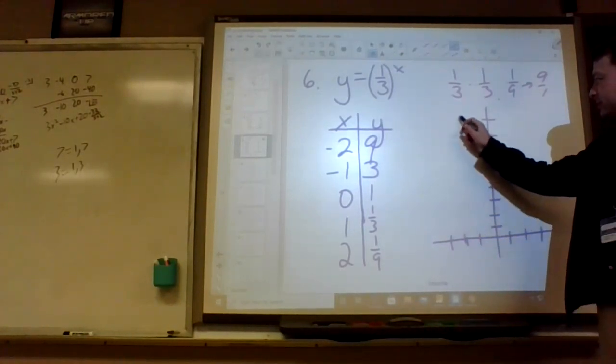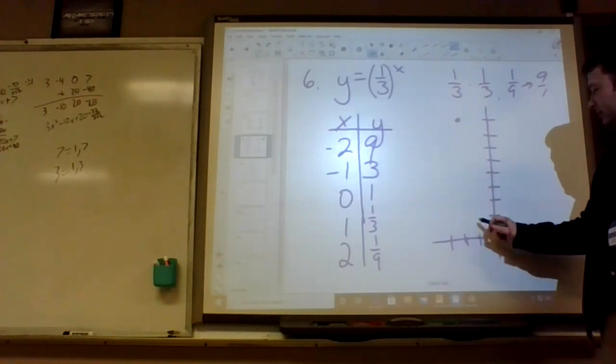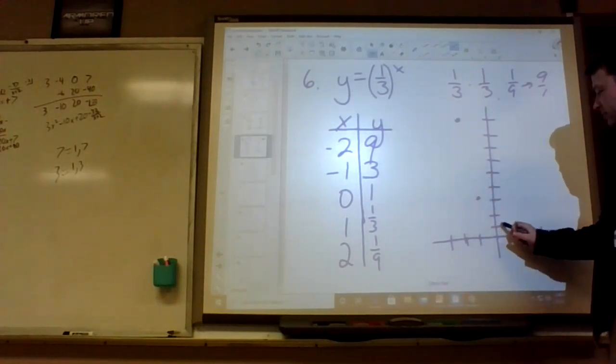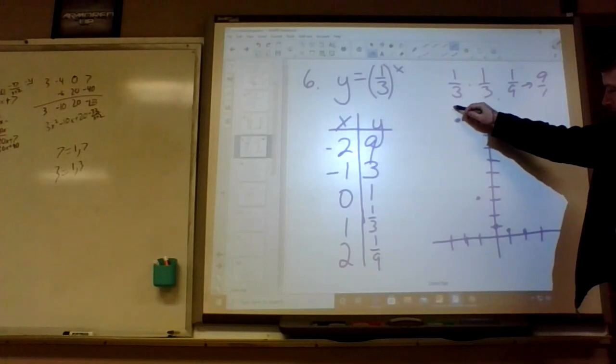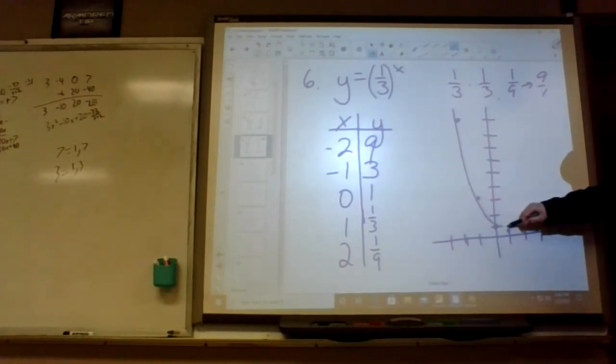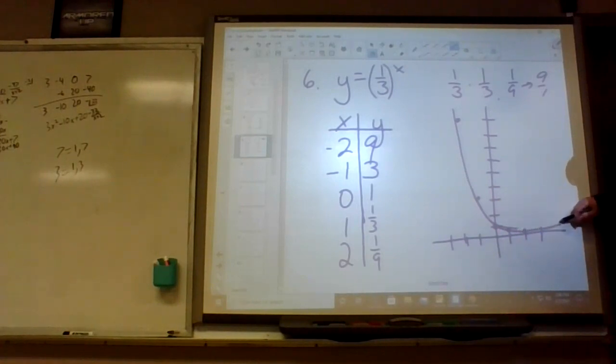So -2, 9 should be way up there. -1, 3. 0, 1. 1, 1/3. 2, 1/9. You don't need me to do this. Just do it yourself. But it's so easy to just look at the board. Just do it yourself. It'll be even easier.